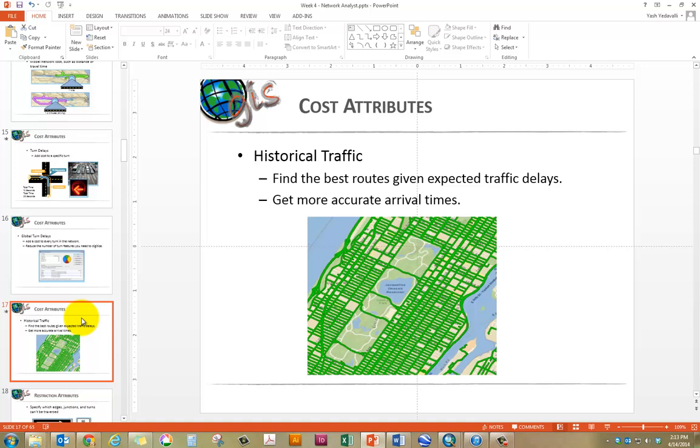Some of the cost attributes could be historical traffic. You can even include historical traffic data to calculate best routes given the traffic delays, and get more accurate arrival times or cost of travel.